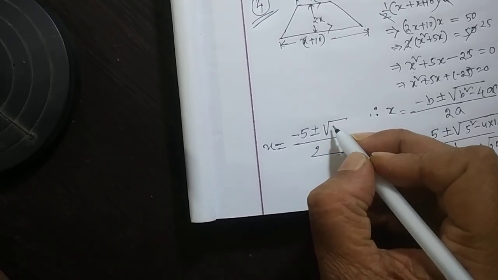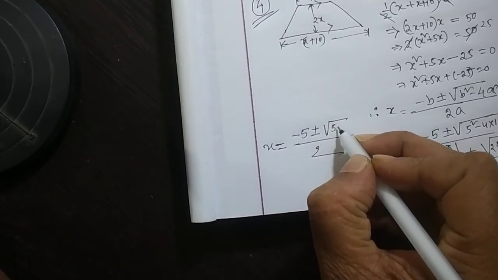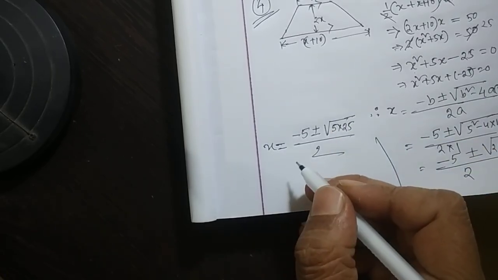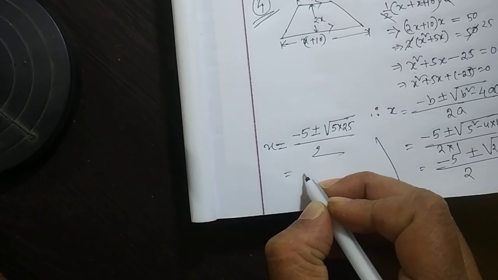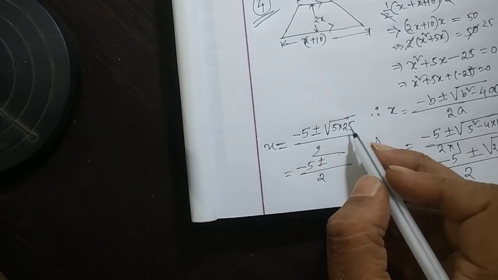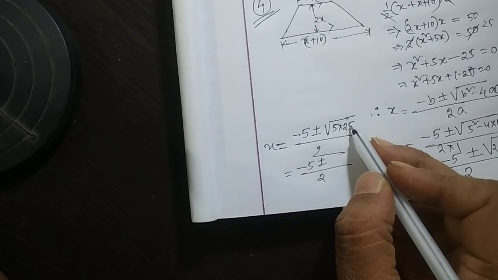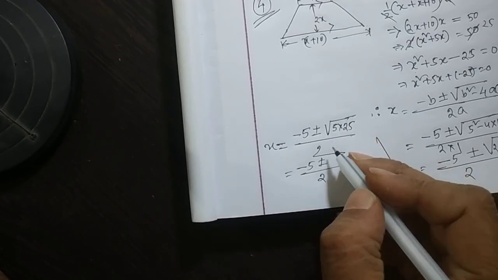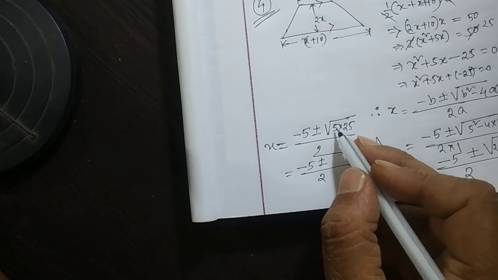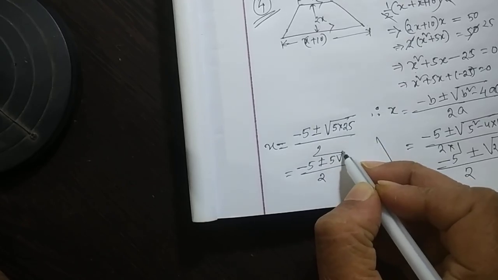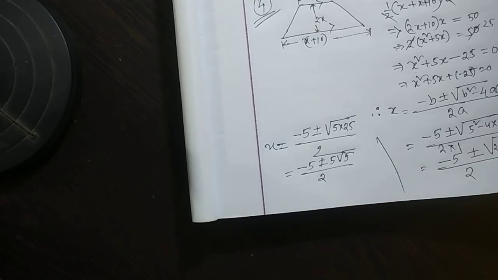125 can be written as 5 times 25. It has a purpose, you can do it. Minus 5 plus minus, look, square root of 25 is 5, and this 5 will stay inside the square root. So we can write 5 square root of 5.